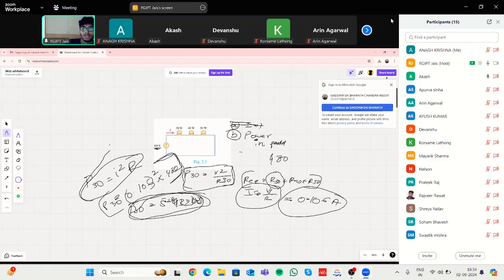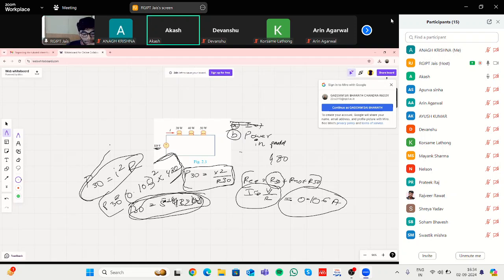I applied the same formula as you did, V square upon P, to get the individual resistance. I got 480 ohms resistance for the 30 watt bulb, 360 ohm resistance for the 40 watt bulb, and the 50 watt one has a resistance of 288 ohms. Yeah, nice, correct.